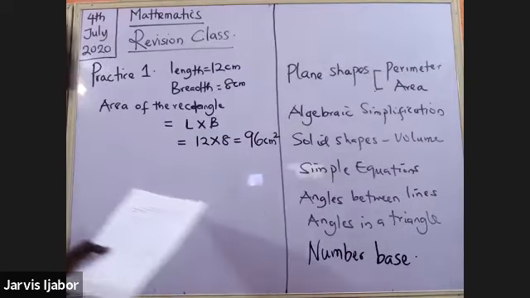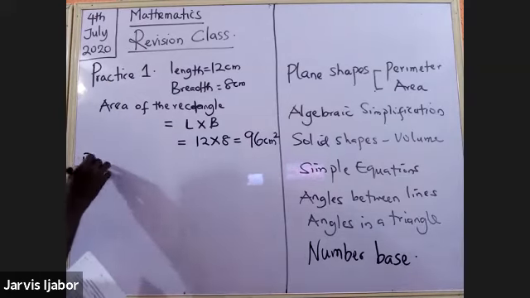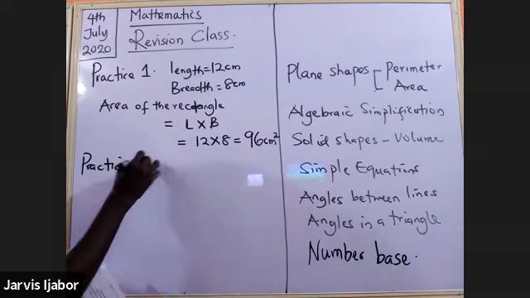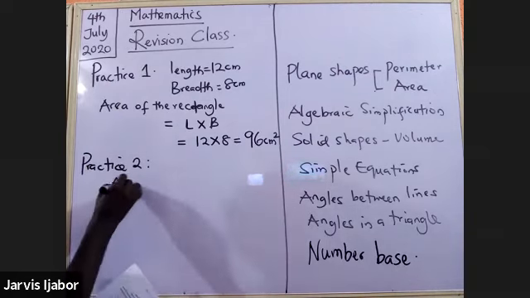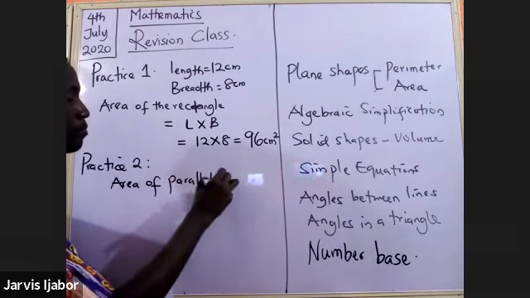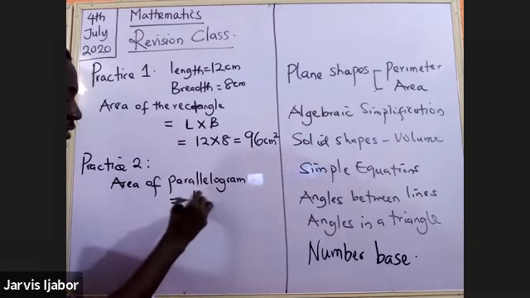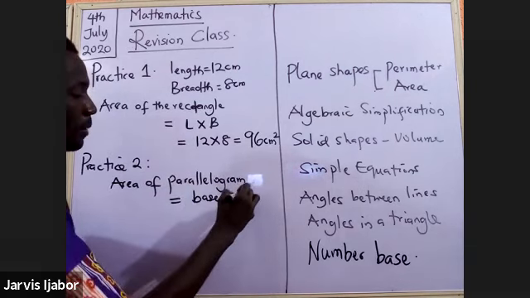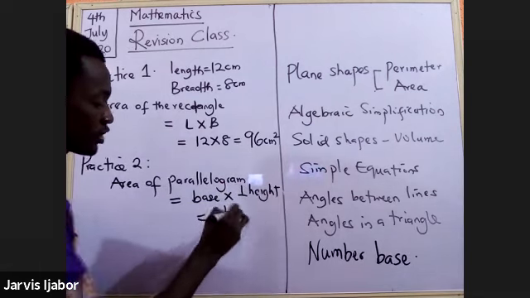Says we should calculate the area of a parallelogram. Practice 2. The area of a parallelogram is equal to base times perpendicular height, which you write as BH.